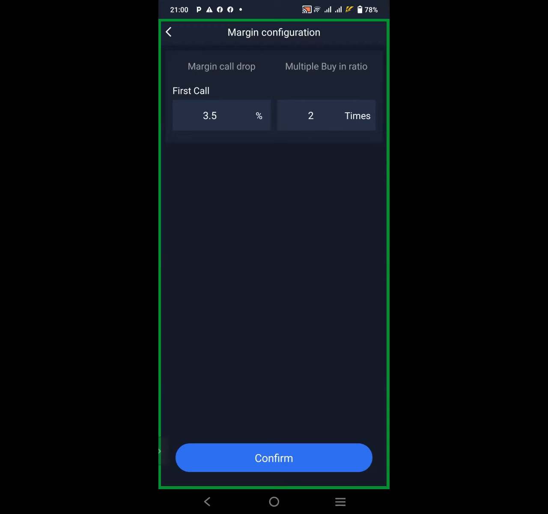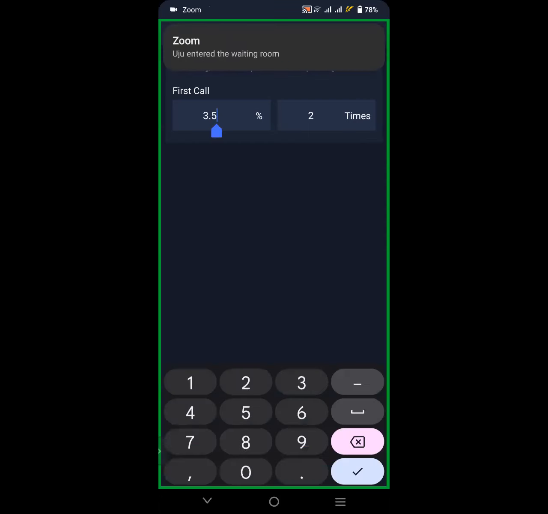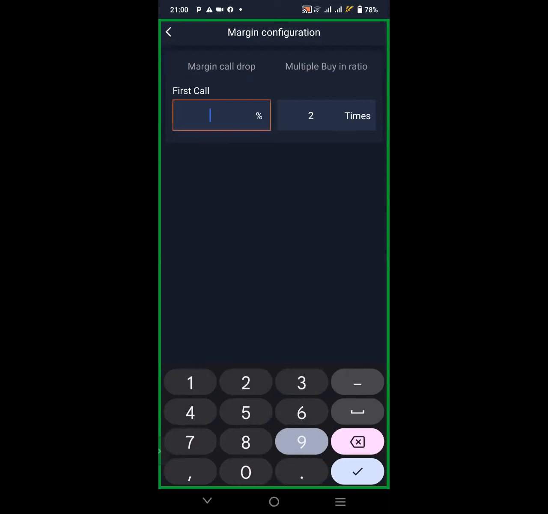So what we will do is this, Coyote. We change that 3.5% to 90%. Where there's 3.5, put 90%. Why are we doing this, ladies and gentlemen? It's because it is not that feasible that any coin can just fall by 90% like that.